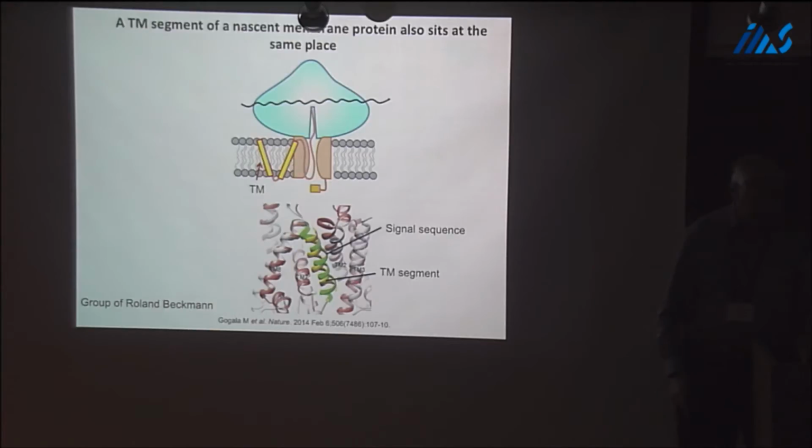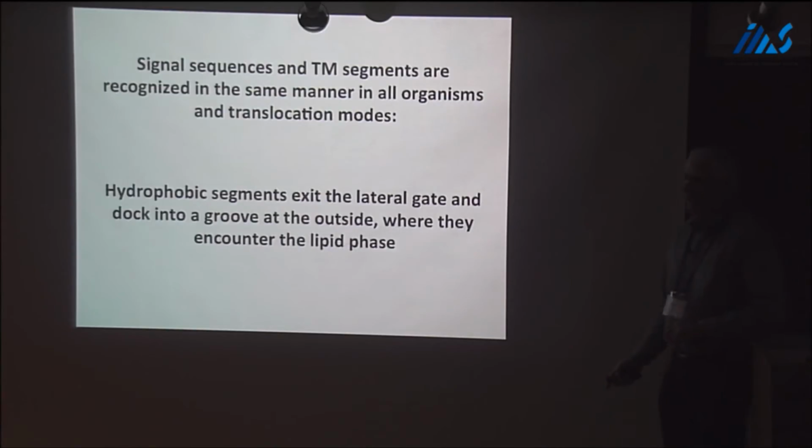And so what I find the most gratifying conclusion is that signal sequences and transmembrane segments are recognized in the same way in all organisms and translocation modes. Namely, hydrophobic segments exit the lateral gate, dock into a groove at the outside where they encounter the lipid phase, and presumably it's the lipid interaction that is most important and explains why signal sequences and transmembrane segments are so diverse.